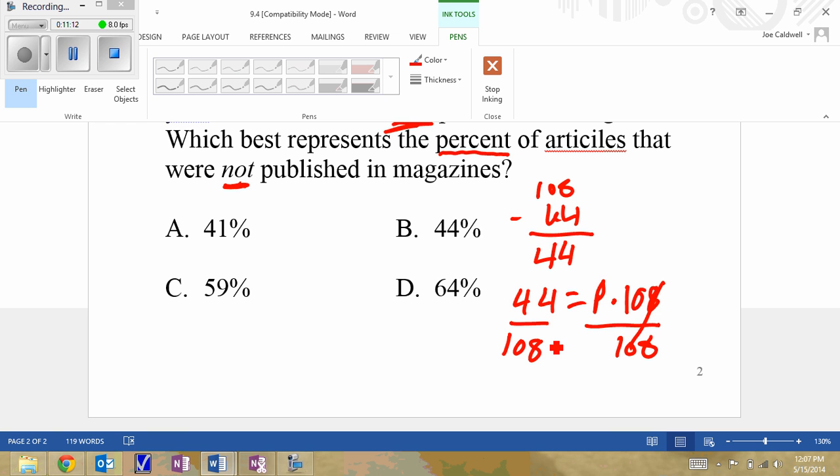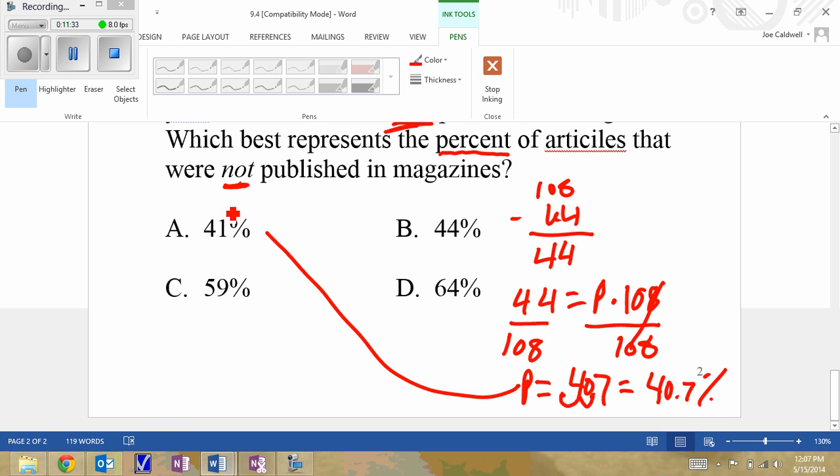We might need to round a little bit here to get our exact answer. But if you find that out, it's P equals 0.407, but again, that's as a decimal, so you would need to write that as moving the decimal over twice to make a percent, and you'd have 40.7%, which would be closest to that guy.